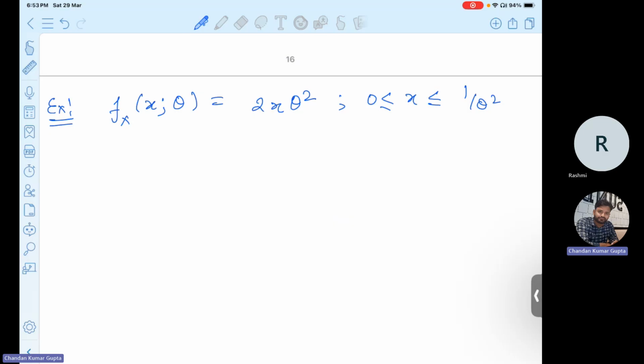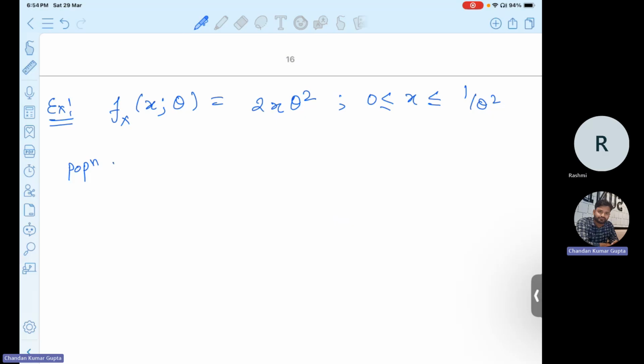Since we have one parameter here, the first order population moment is used. But if the first order moment is not available, or for some other reasons, then we use higher order moments to estimate the parameter.